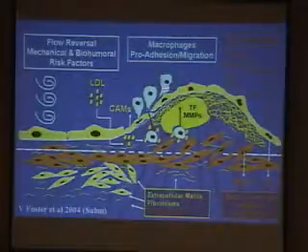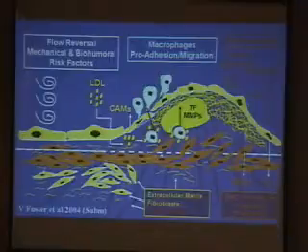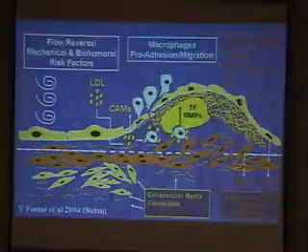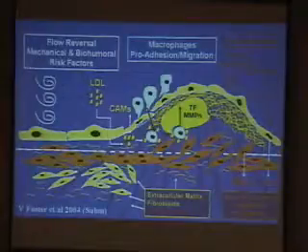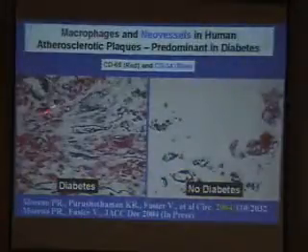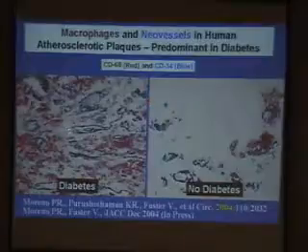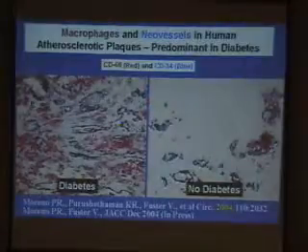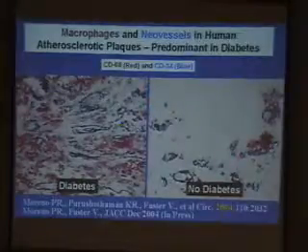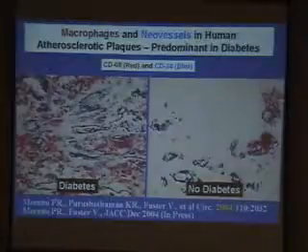Now, this is a study just published last week with Pedro Moreno, with vasa vasorum entering into the intima of the vessel. And the vasa vasorum, particularly in diabetics and, in non-diabetics, not so predominant, but the concept is that teleologically these vasa vasorum have a defense mechanism.